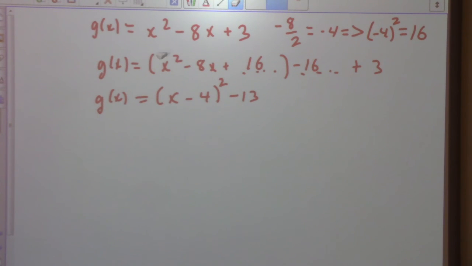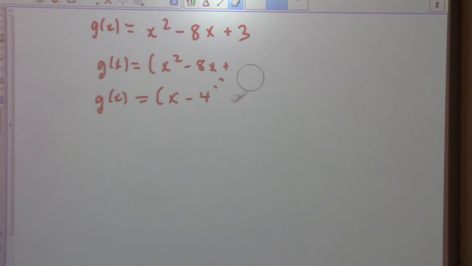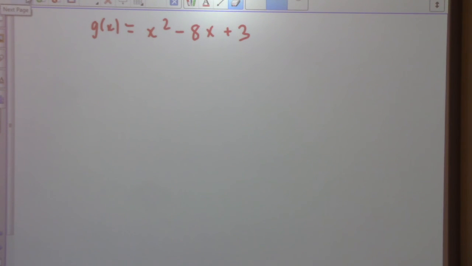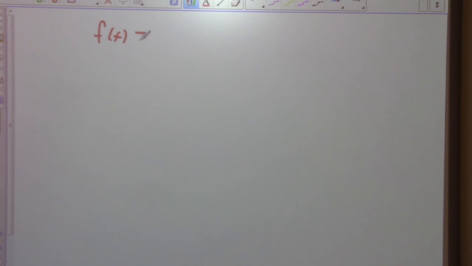Okay, let's talk about, Siggy asked a question here, which was, what happens if we got an odd number as the middle term? Okay, so let's see what that looks like. I don't want to make the numbers real big. f of x equals x squared. Give me an odd number that's not too big. 7? Okay, 7. So say minus 7x, that's not too big.